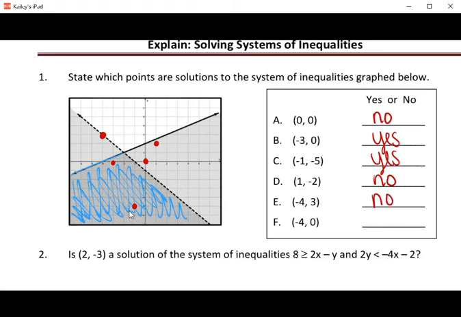And then -4, 0 is over here on the solid line that borders the double shaded region. So that point right there would, yes, be part of our solution. So we're looking for points in the double shaded region, and then if it's on the solid line that borders the double shaded region. Dashed line, still not part of the solution.